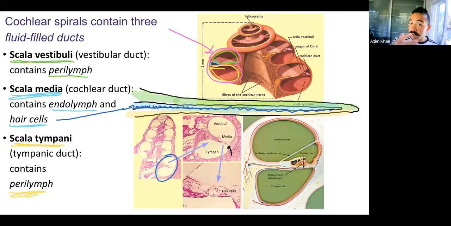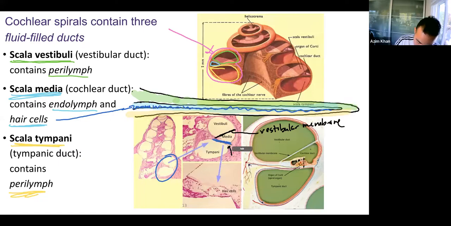To help us distinguish between those two sides, we have names for these divisions. This slanted division between vestibuli and media is called the vestibular membrane. And then this bottom part down here, let me use a different color.